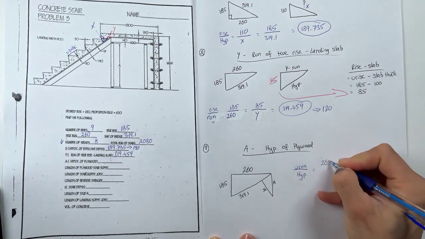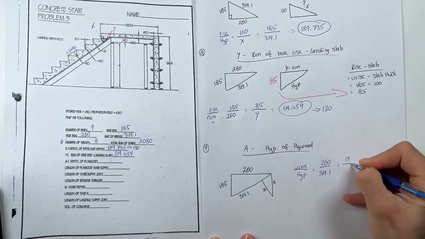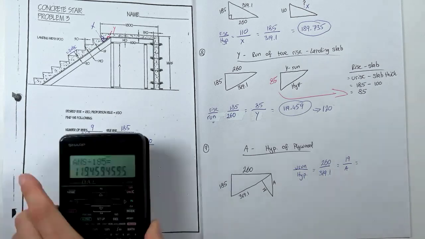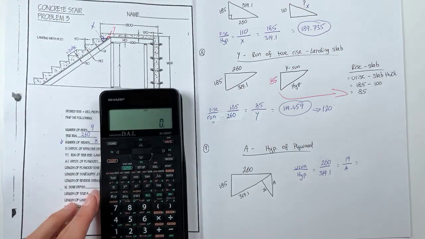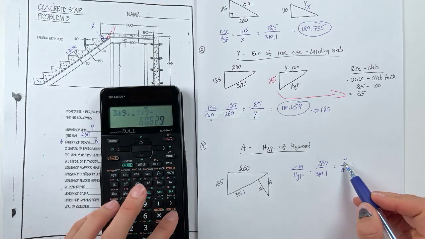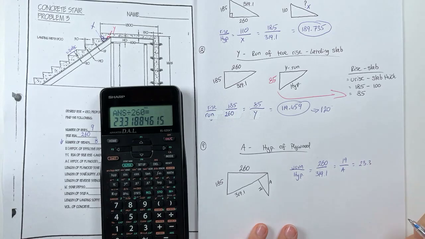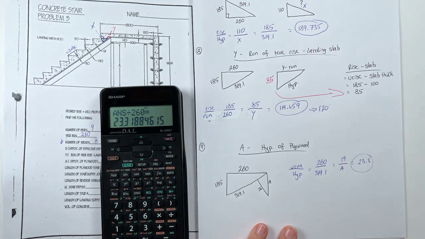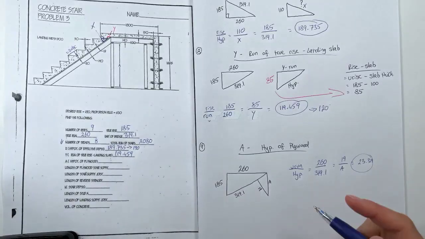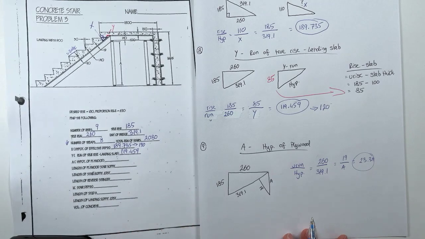Okay, so 260 over 319.1 equals 19 over A. Again, we pop them into the calculator. 319.1 times 19 divided by 260. 23.3. Awesome. That's it. 23.319 if you want to be really precise. Okay, great. So that is the hypotenuse length of our plywood once we've cut it at the correct angle.